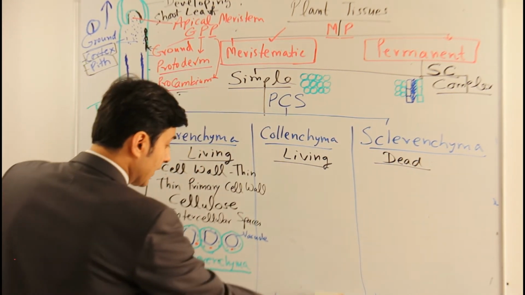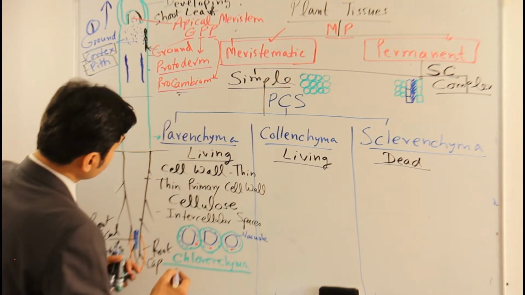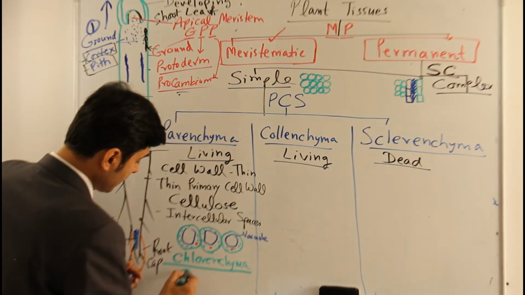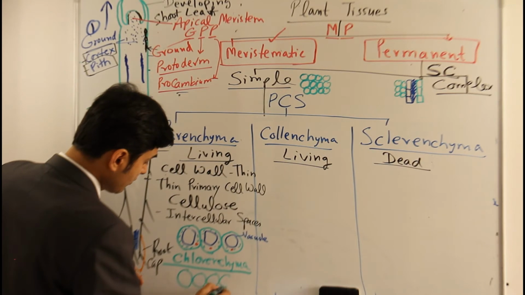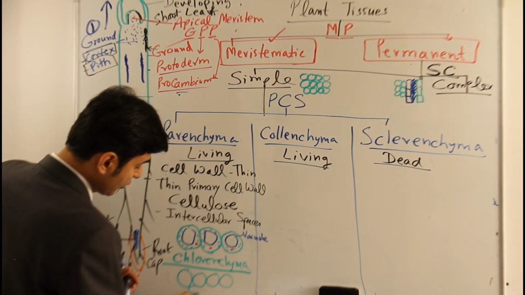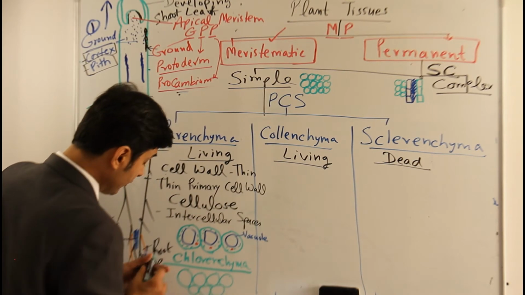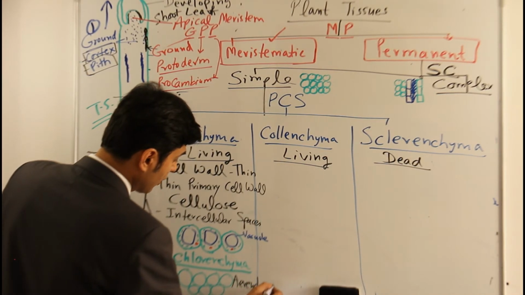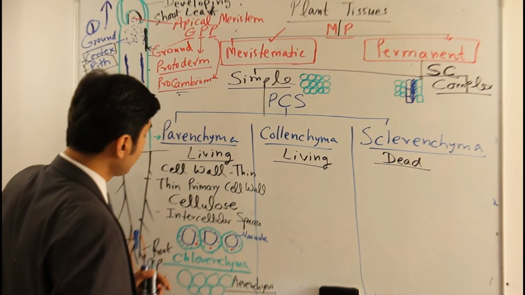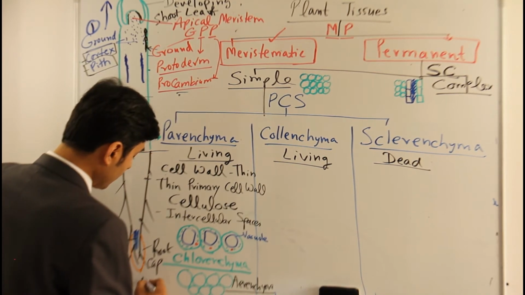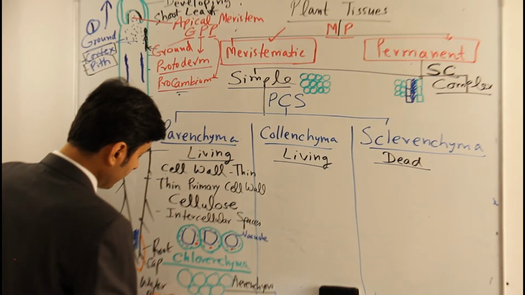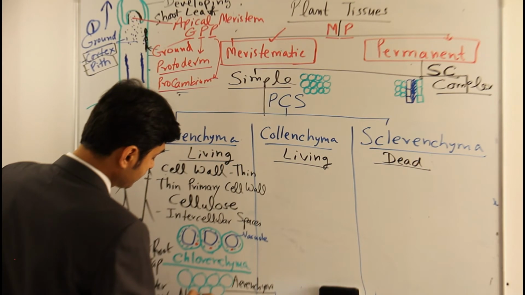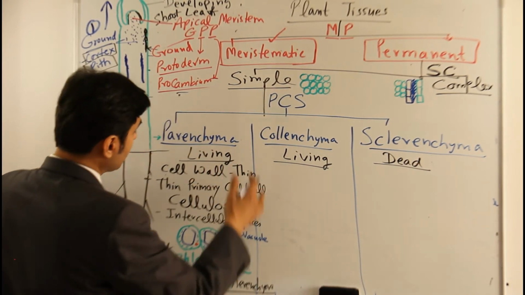So if they have air spaces in between, like this intercellular space filled with air, it is called aerenchyma. It is found in water plants like water lily, Nymphaea, Nuphar. Okay, these are the parenchyma cells.